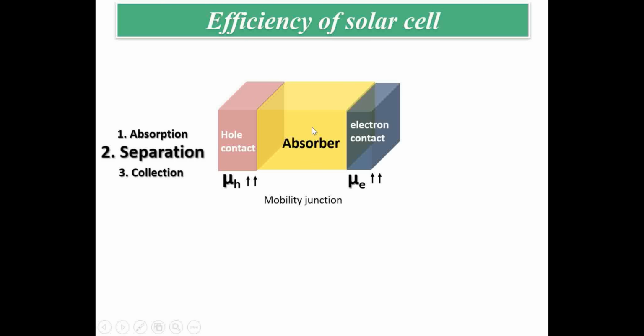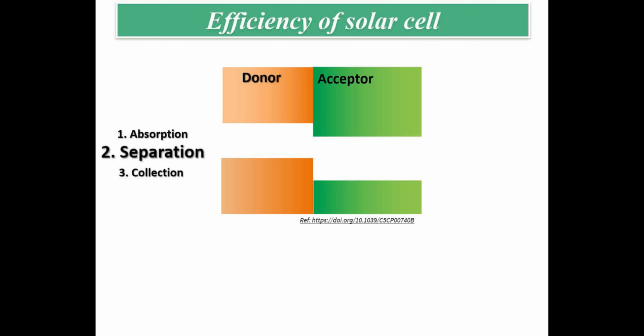The third mechanism is the force field. In this case you can see donor and acceptor. In organic solar cells, you have a donor and acceptors. There is a difference between the conduction band levels and between the valence band levels. This difference occurs due to the different work function or different electron affinity of the donor and acceptor material.